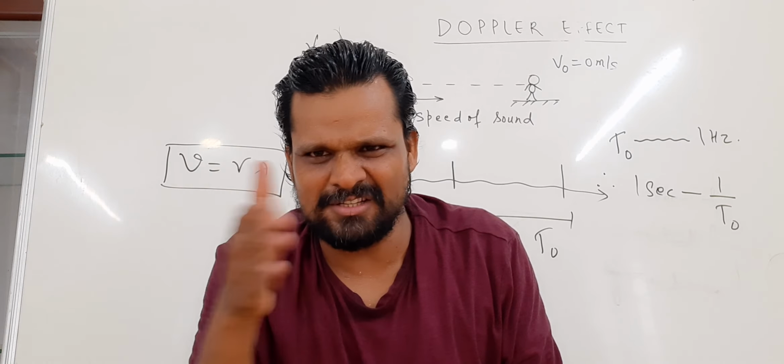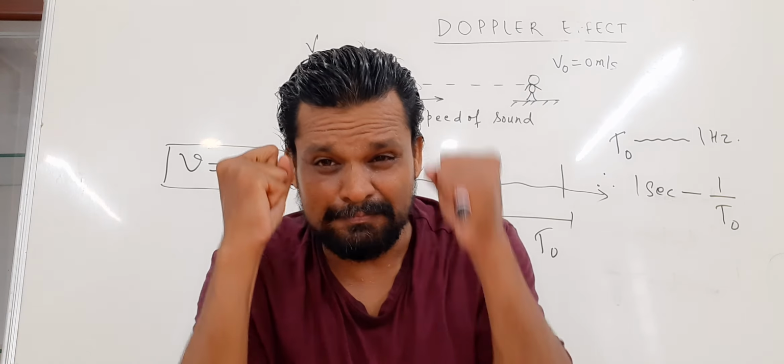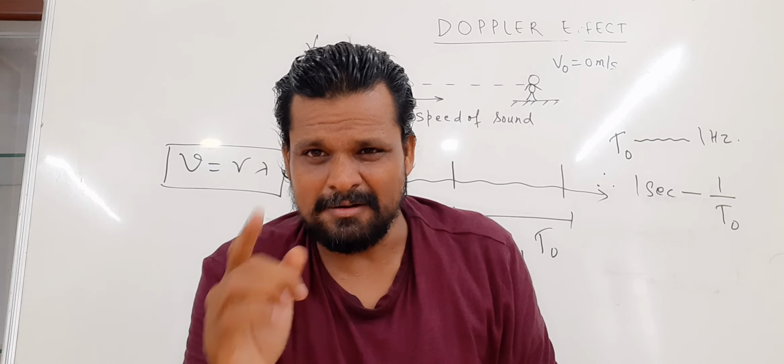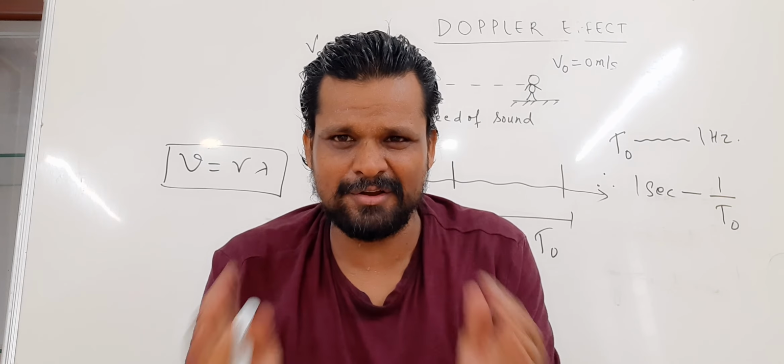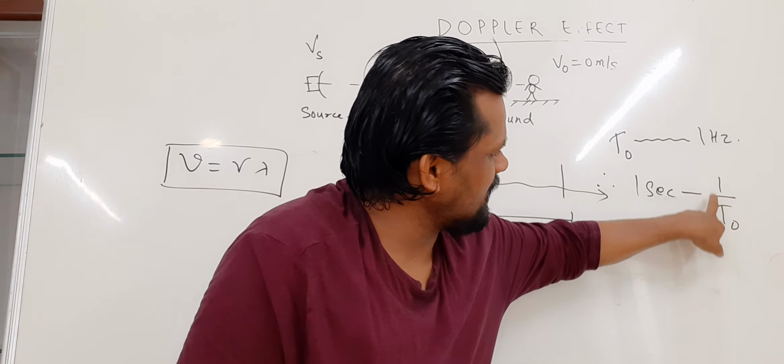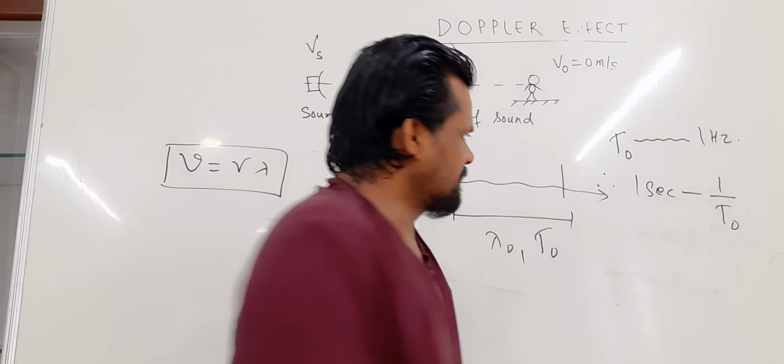Whatever the number of oscillations in 1 second, that is called frequency. So 1 by T naught is termed as frequency.